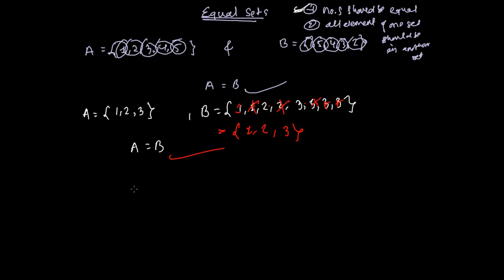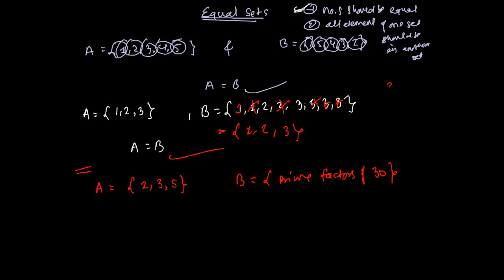Alright, suppose A is all the prime numbers less than 6, that is 2, 3 and 5. And B is the prime factors of 30. So what are the prime factors of 30?